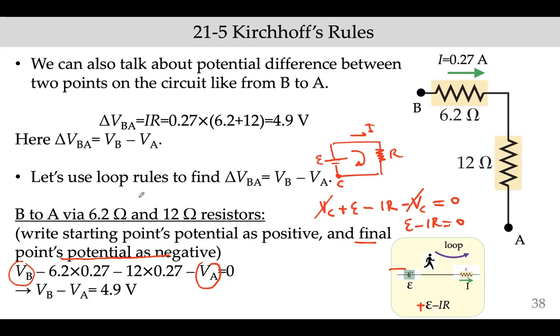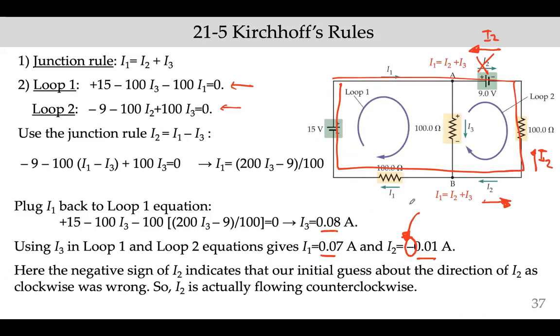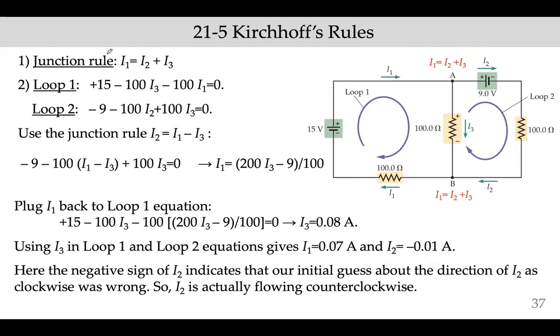The reason we don't write the initial and final positions' potentials is that we get back to the starting point, so even if you write them, they cancel each other at the end. That's why in the previous examples, for example here, we did not write the initial position's potential.